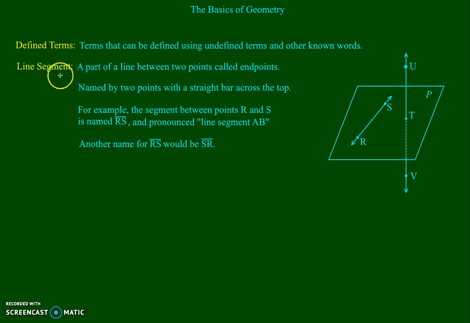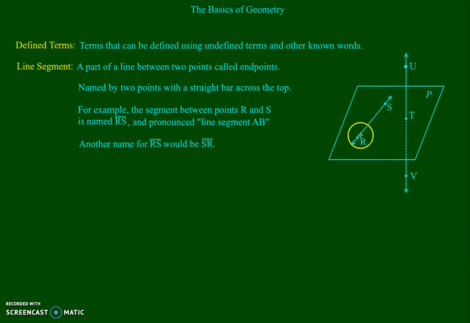A line segment is a term made up of the undefined term line, and we're going to be talking about a portion of a line that is the set of all points between 2 points called endpoints. Let's look over here at this diagram, and this is a representation of a plane that we've seen in the last section.